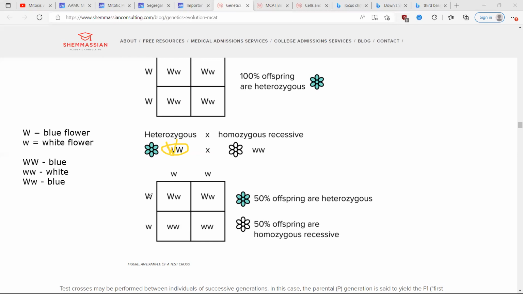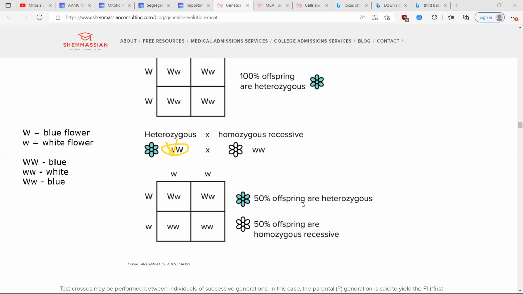And so if we draw this out, we have a capital W here crossed with a lowercase w here, and that gives us this, and this, and this, and this. So we get 50% are heterozygous and they're blue, and 50% are homozygous.